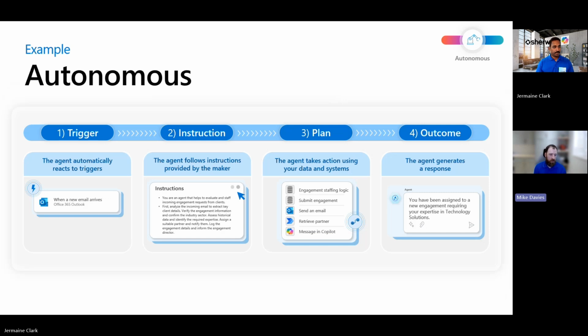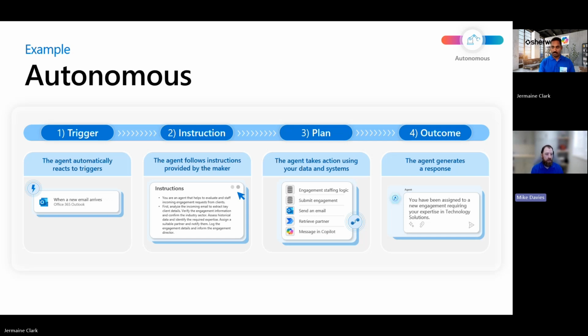One of the examples, if we push forward there, is receiving an email as the trigger and then providing it the instructions. You can see here that the instructions are a little more complicated. So asking it to analyze the incoming email and extract key client details from it, and then assess historical data.